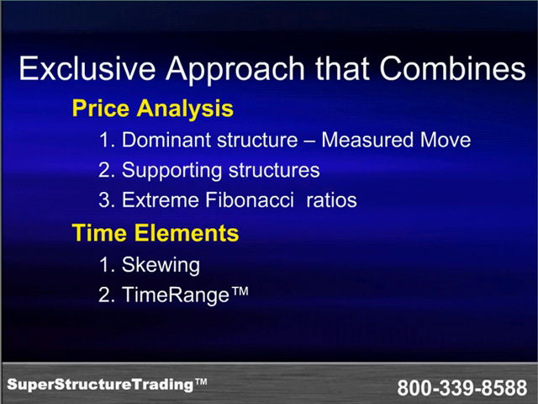Again, we won't have time for time range. I'll just go to skewing. I'll share that with you today. Again, we want to make sure we have something to answer the question: is the trend accelerating or decelerating? That's the most important thing.